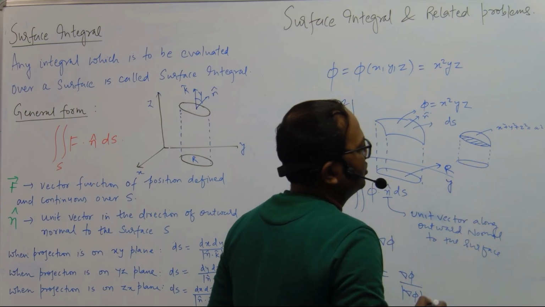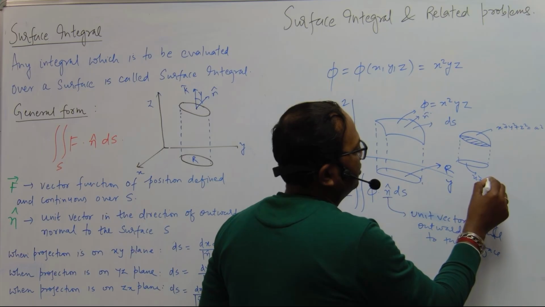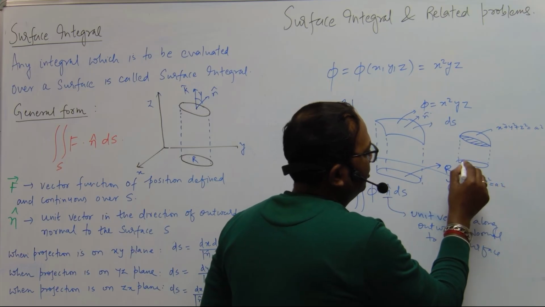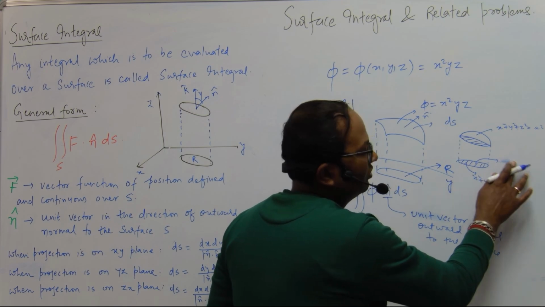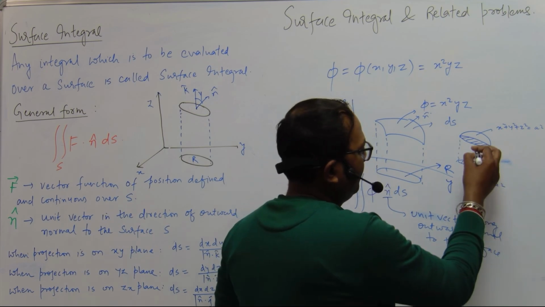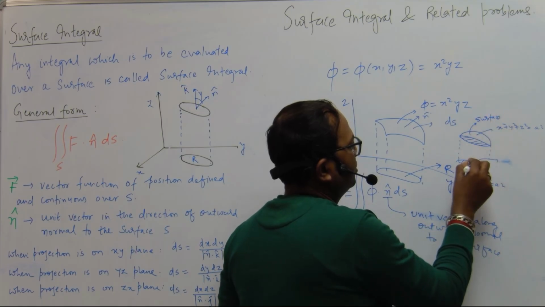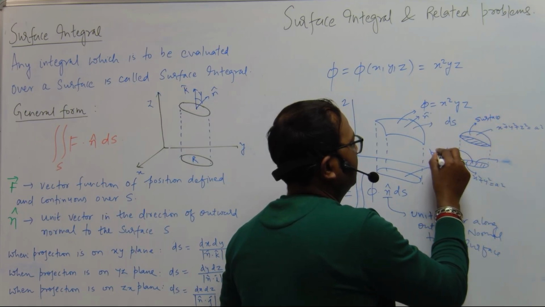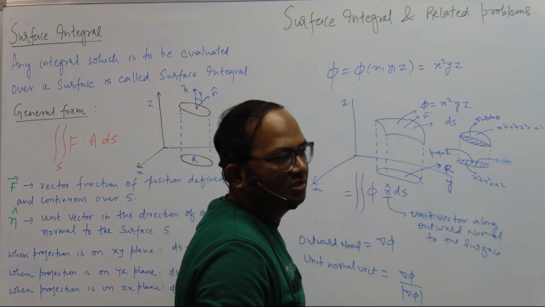So the projection on the xy plane will be x square plus y square is equal to a square. This planar area is our projection, and this is our surface. The projection is a planar area.